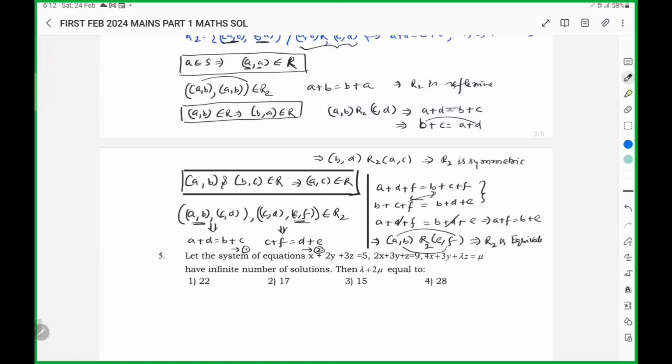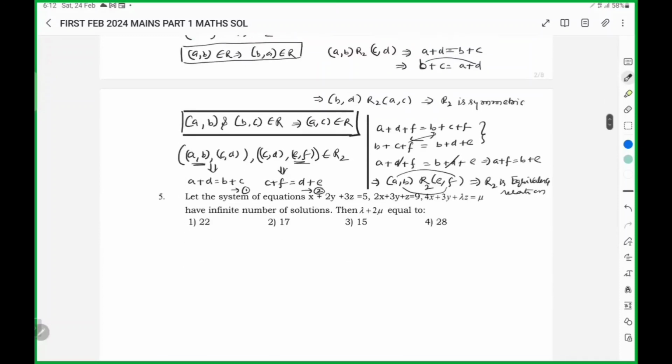Equivalence means it has to satisfy symmetric, reflexive, and transitive. All three are satisfied, so it is an equivalence relation.